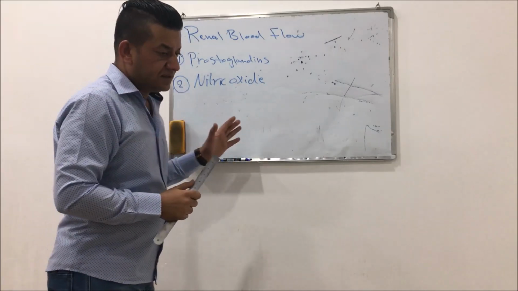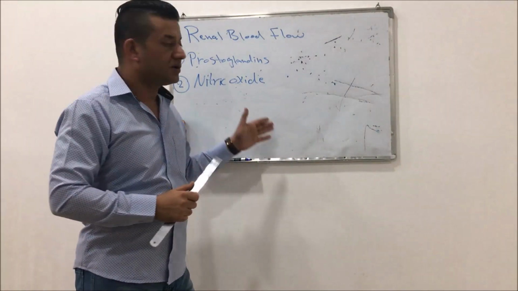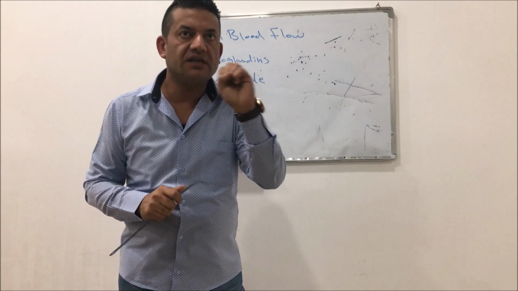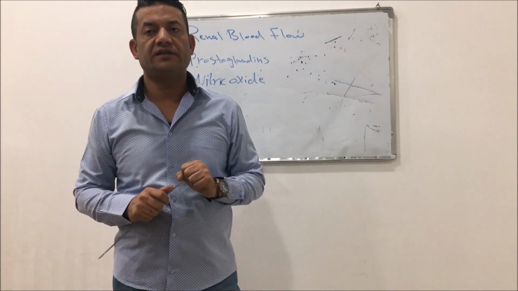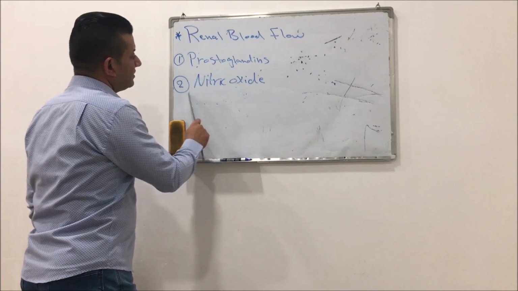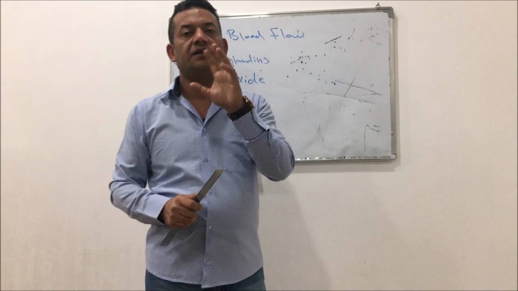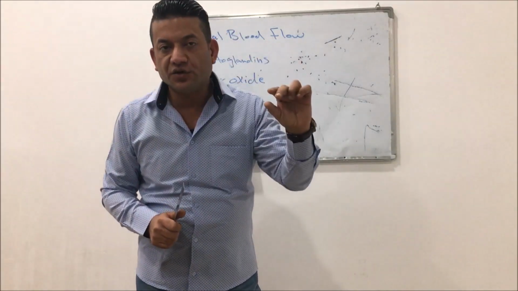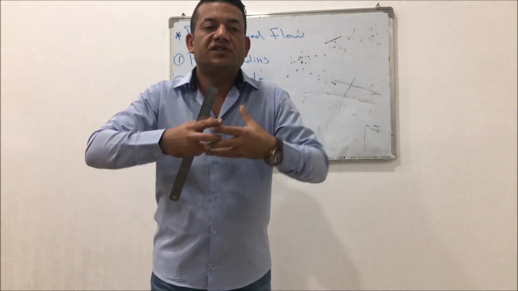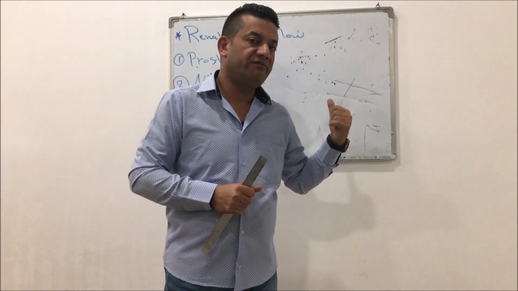So prostaglandins and nitric oxide can cause dilation of the afferent arterioles of the glomeruli of the kidney, and the most important one is nitric oxide. So what do these two factors do? They free the afferent arterioles from the vasoconstriction action of sympathetic innervation, which we mentioned before.